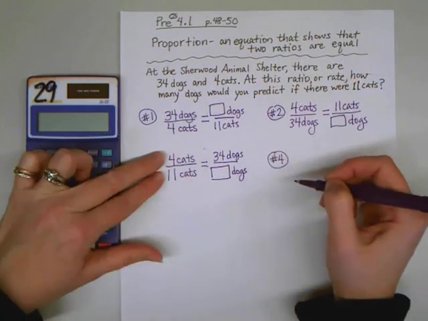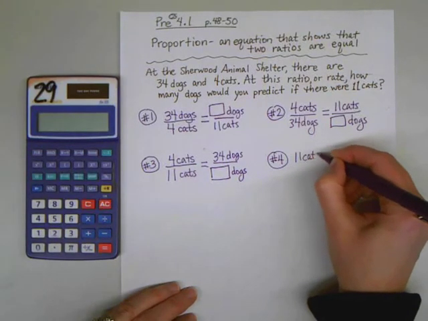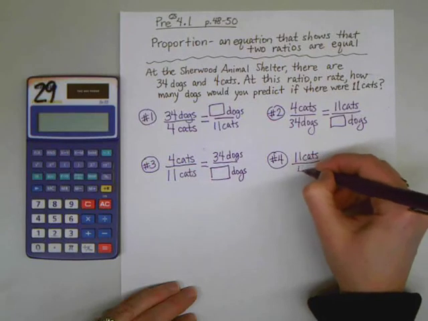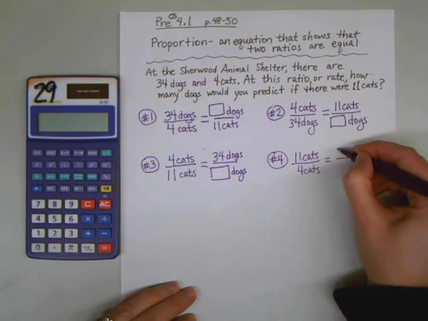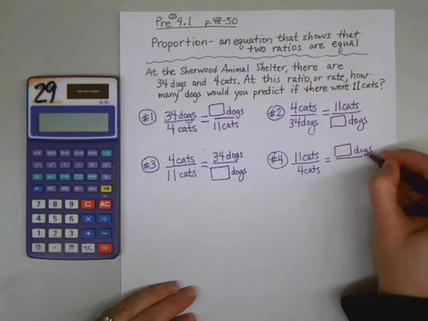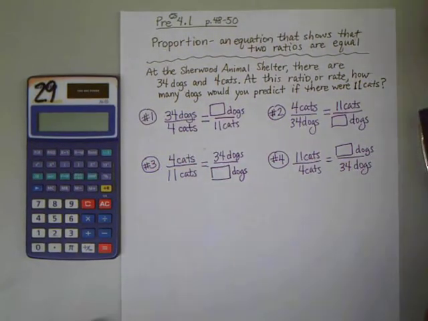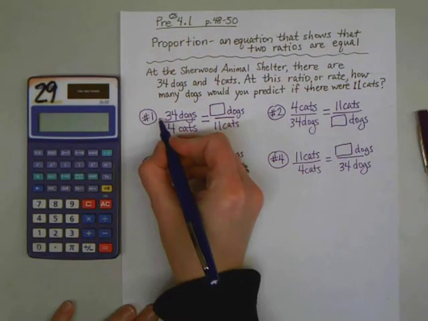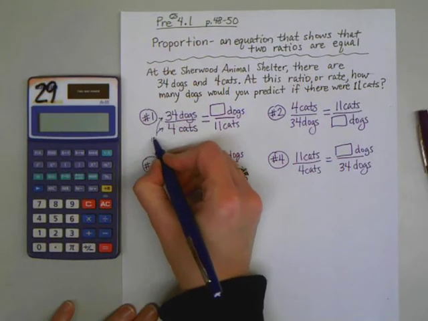And the fourth method again is simply reversing those two. So the new number of cats to the previous number of cats, and the new number of dogs, which is our unknown, to the original number of dogs. Now, in each one of these, the known values are together. So these two are representing our known values.